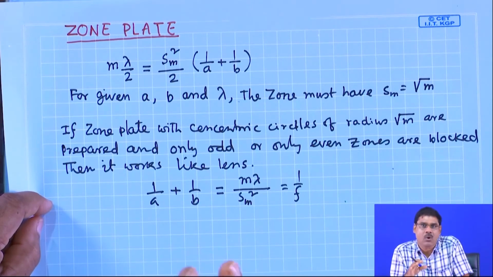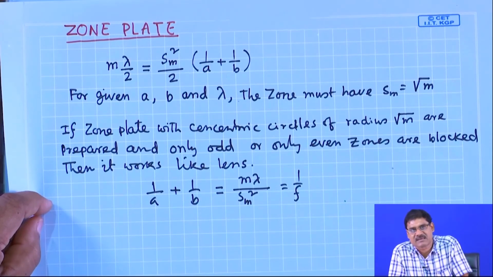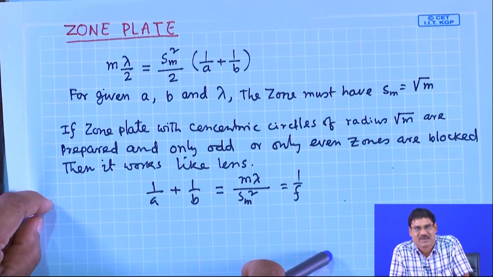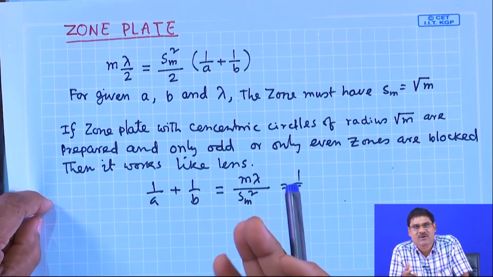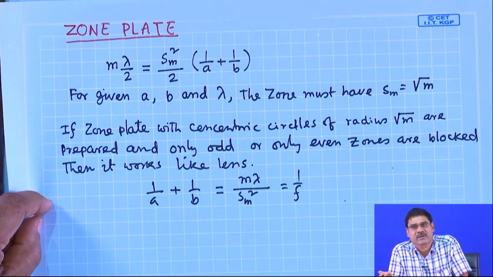So all amplitudes A1 plus A3 plus A5 will be added at P. You will get huge intensity at the center, as a convex lens does. If you put light on a convex lens, all light is concentrated at the focal point.